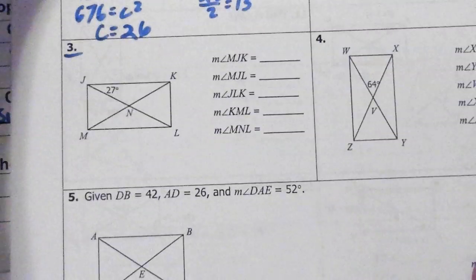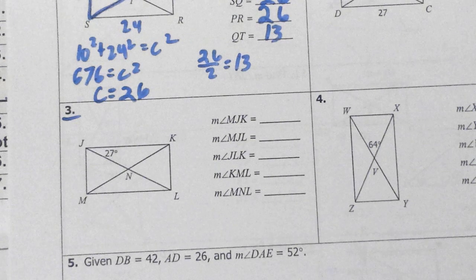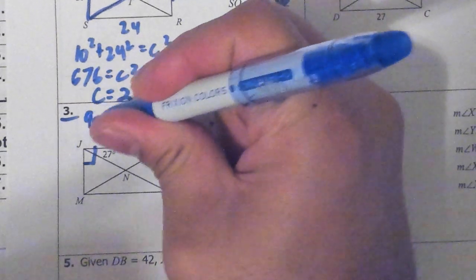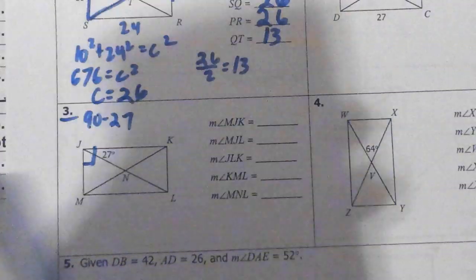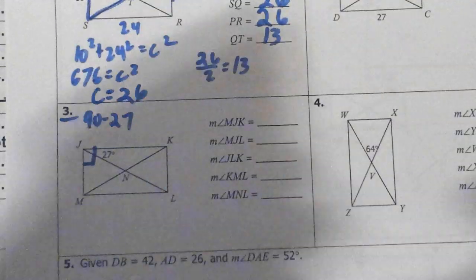Alright, next question. This time we're working with angles. So let me start filling in parts I know. This right here is a right angle, 90 degrees. Which means we can do 90 minus 27, gets me 63.